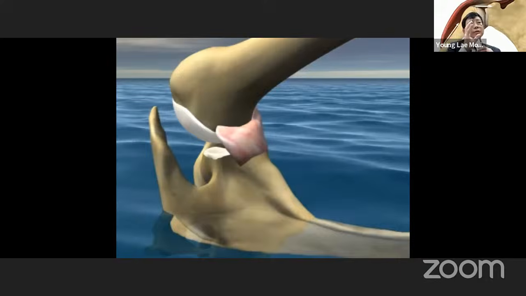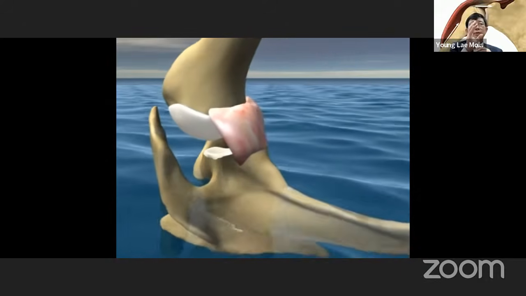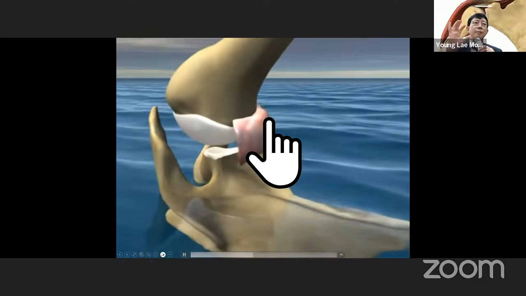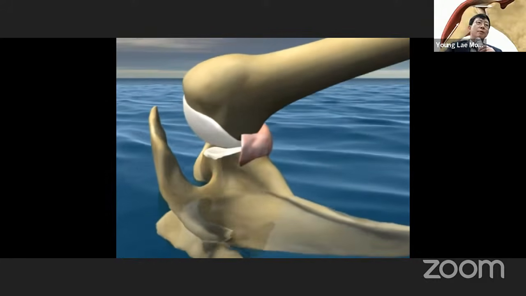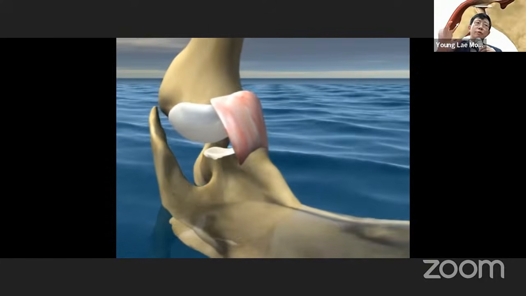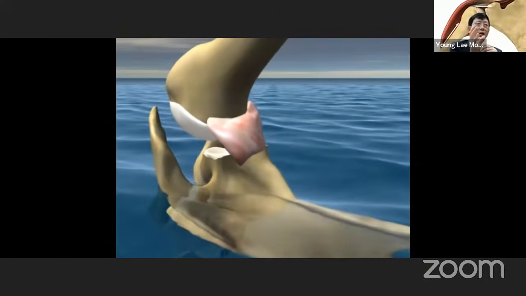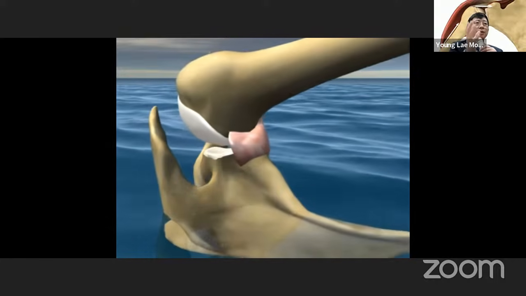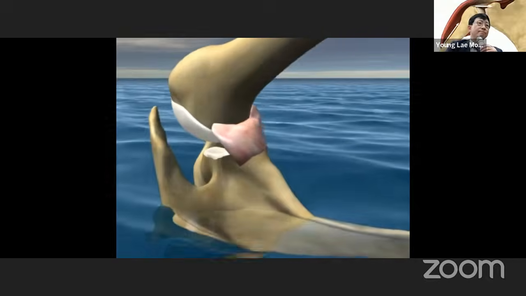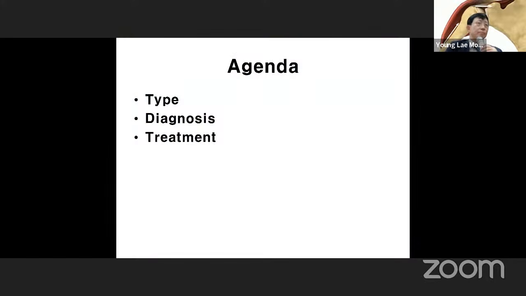It is clearly dependent on the inferior glenohumeral ligament for stabilizing and proper mobility. Additionally, it works together with the scapula for obtaining full range of motion. My talk is divided into three parts: types, diagnosis, and how to treat those.